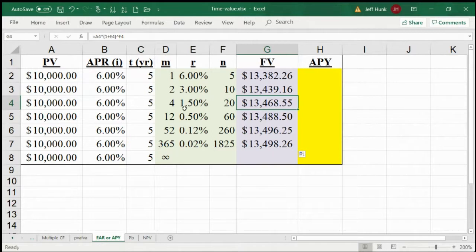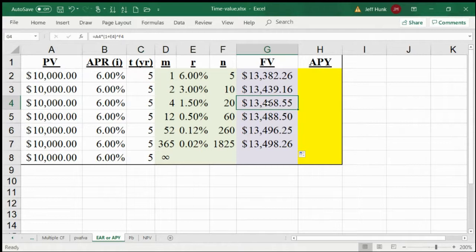But if it wasn't quarterly compounding, but just annual compounding, right? So what kind of annual rate will give me the same future value as the result of quarterly compounding, right?